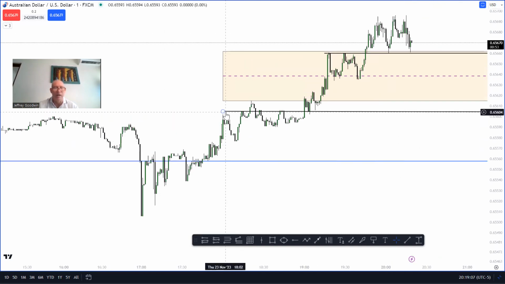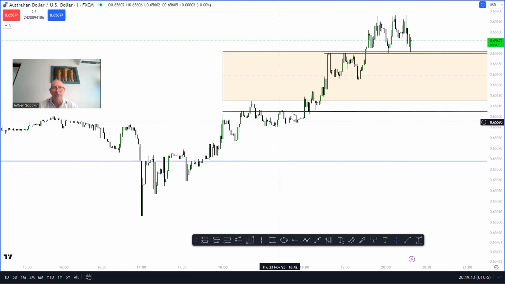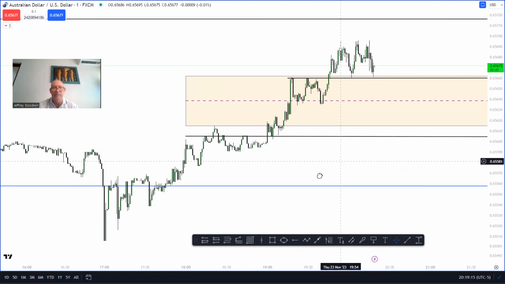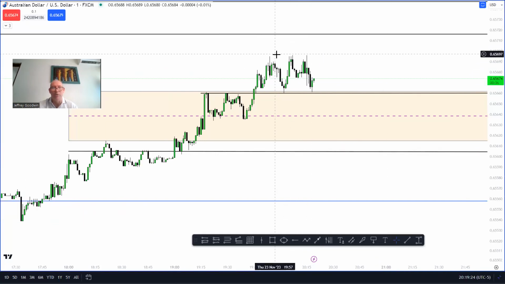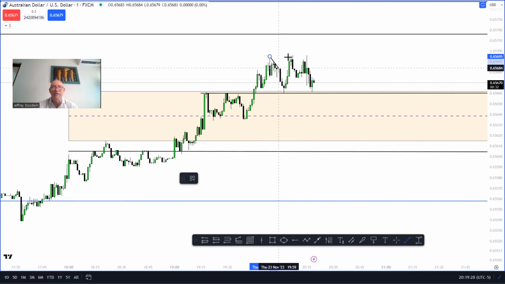Low, high, we created a new high. Now we're equal. We're triple relative equal highs.